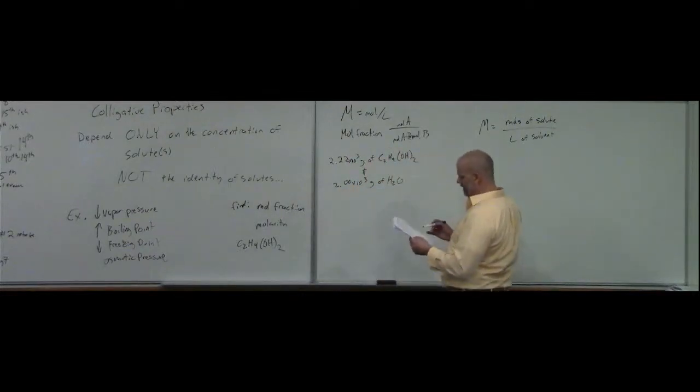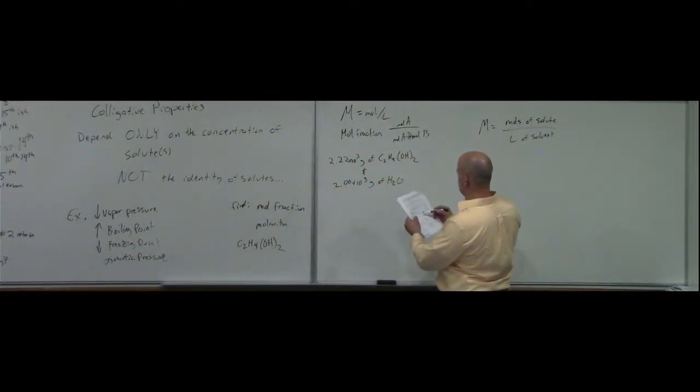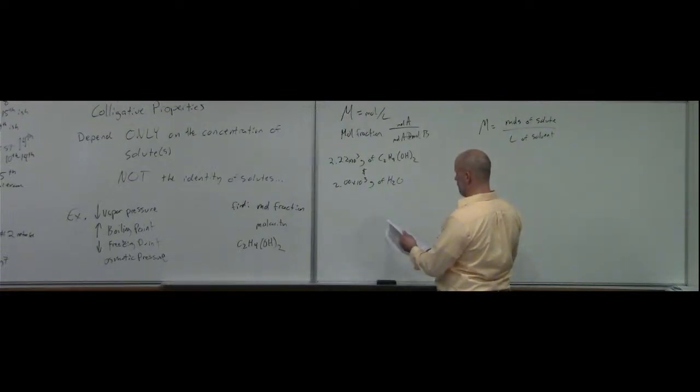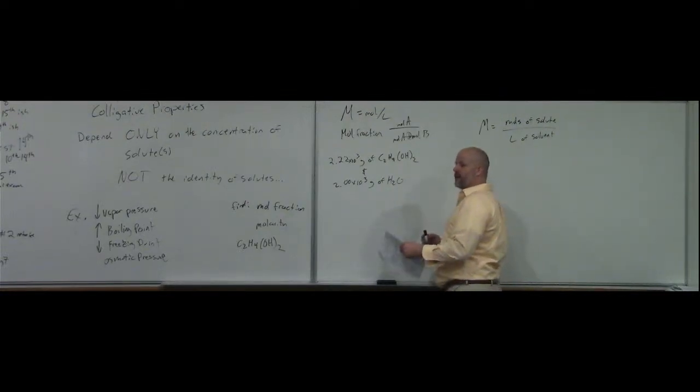Given the travesty I did earlier, let me make sure all these numbers are right. 2.22 times 10 to the third, 2.0 times 10 to the third. It's water. Ethylene glycol is C2H4. Okay. So we want to find a mole fraction first, right?